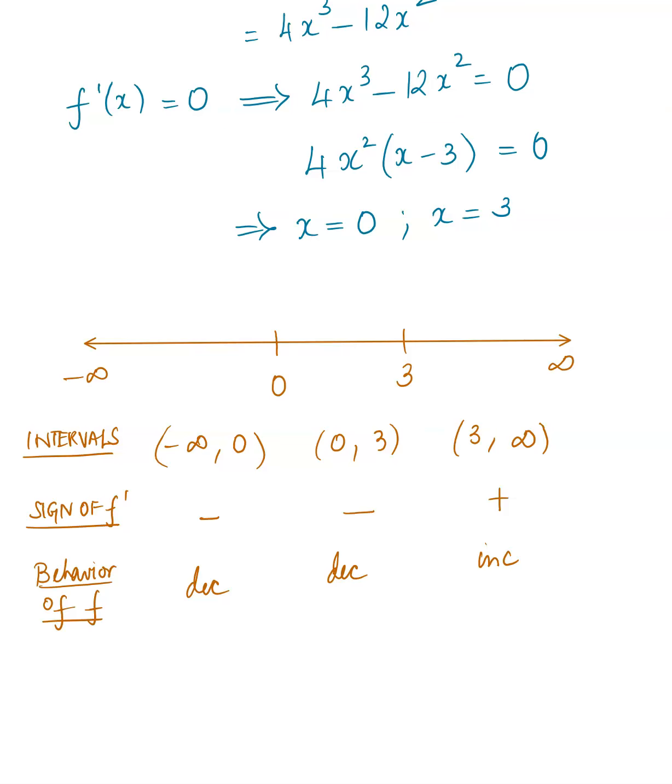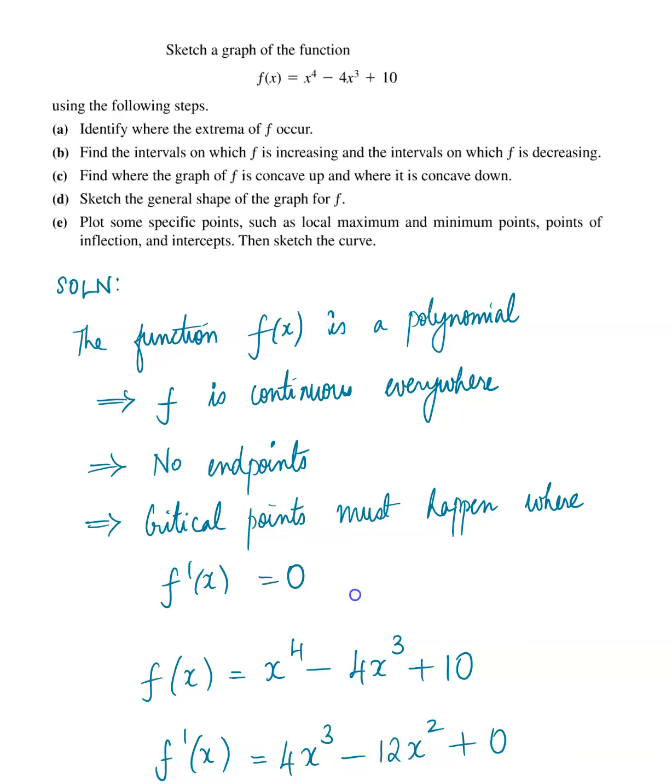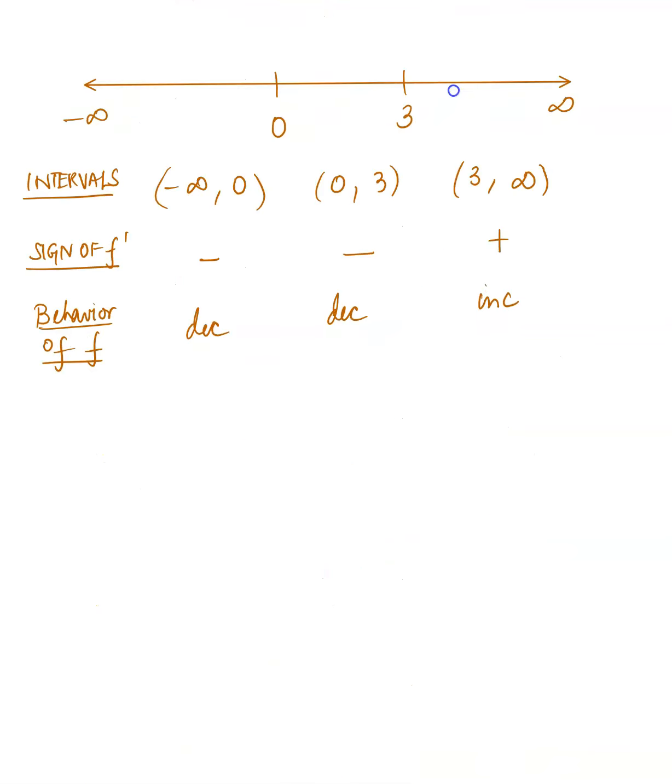I guess we have enough details to answer part A and part B, because of the extrema and increasing, decreasing. For extrema, you will use the first derivative test. The only place where the sign of the first derivative changes is at 3, from negative to positive.